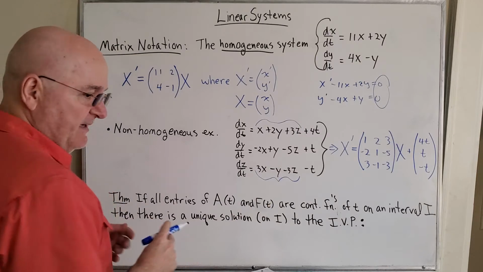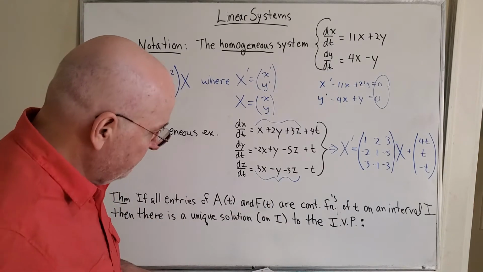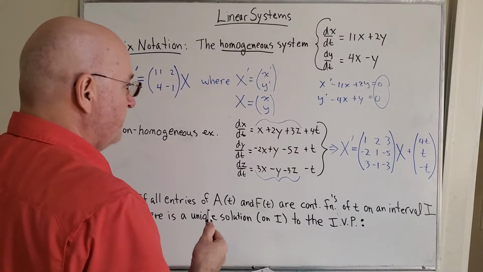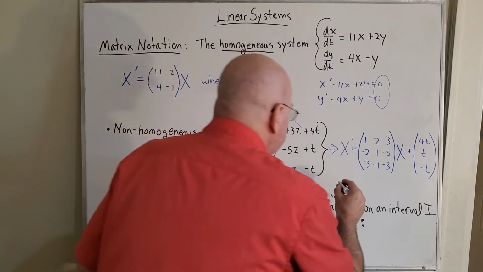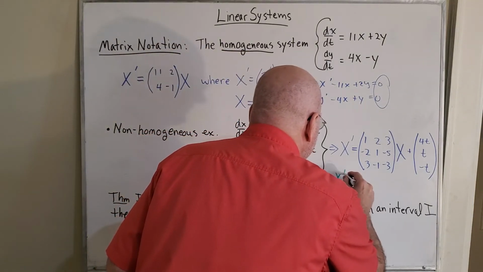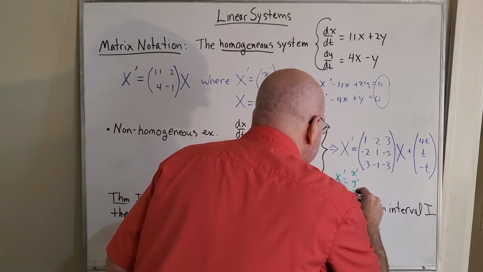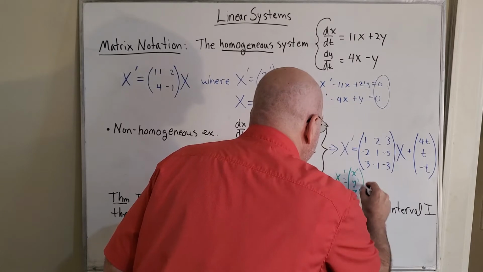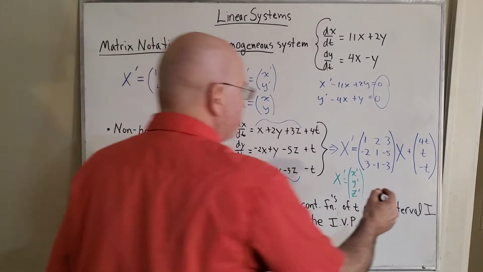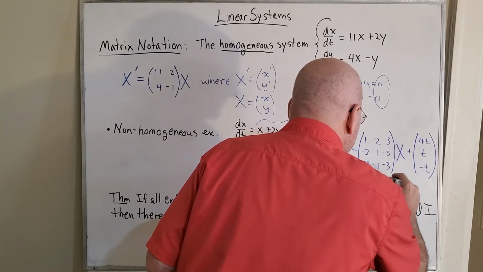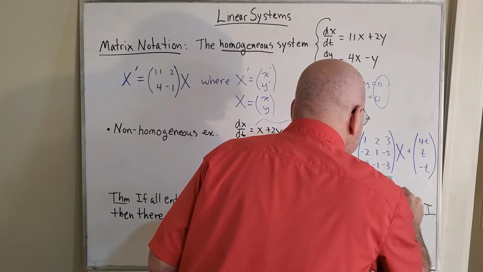So as usual, and I kind of ran out of room, I can do it under here. X prime is x prime, y prime, z prime, that little column matrix, and as usual, x is little x, little y, little z.